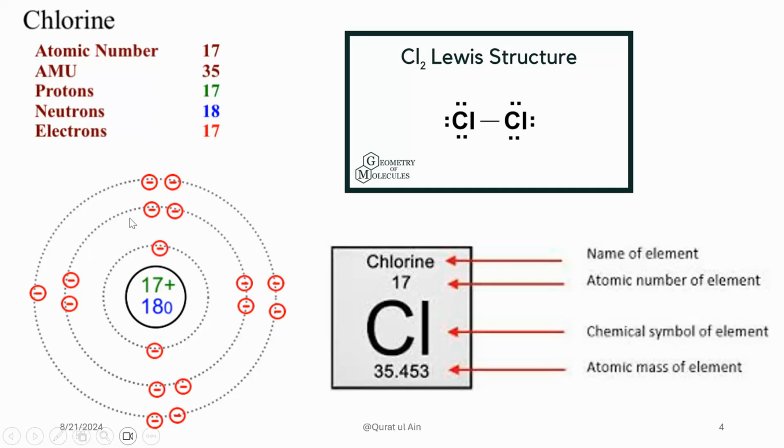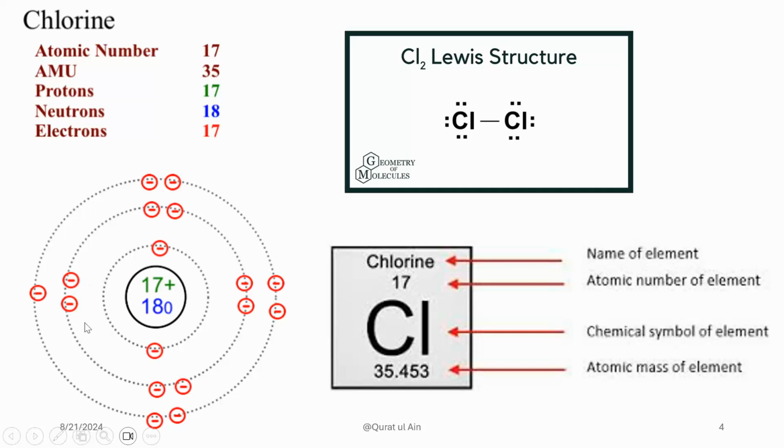The chlorine atom has 18 neutrons and 17 protons in its nucleus, and 17 electrons that are present in different shells around the chlorine nucleus.